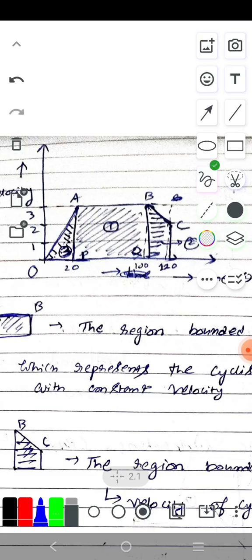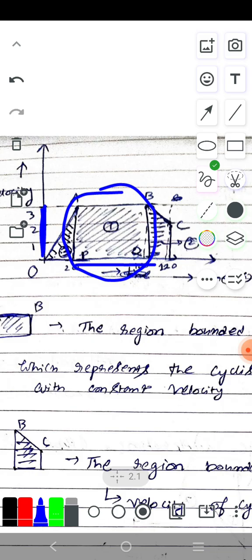Then from 20 second to 100 second, in this time interval, velocity is constant, 3 only, 3 meter per second. You just observe the thing. From 20 second to 100 second, velocity is only 3 meter per second.